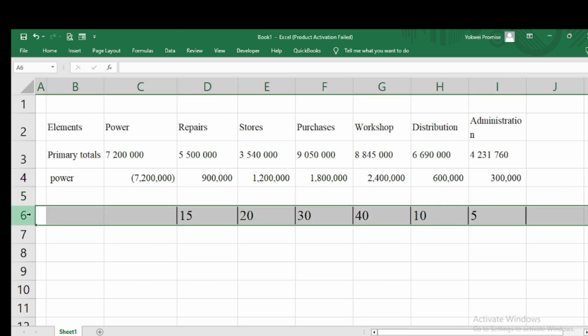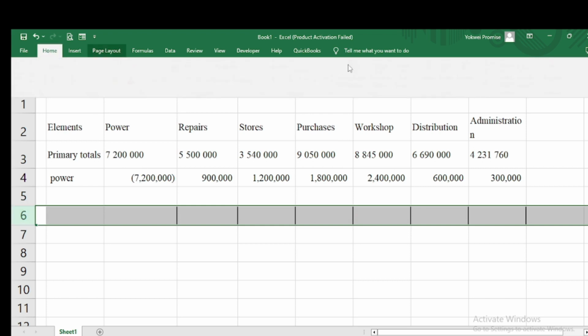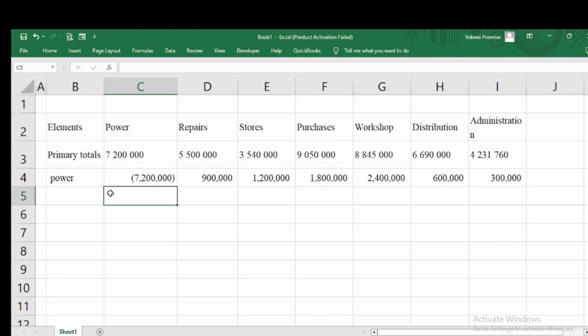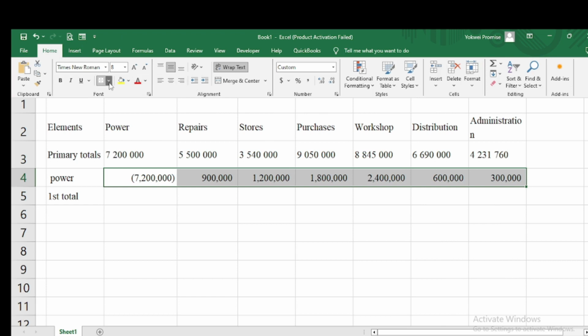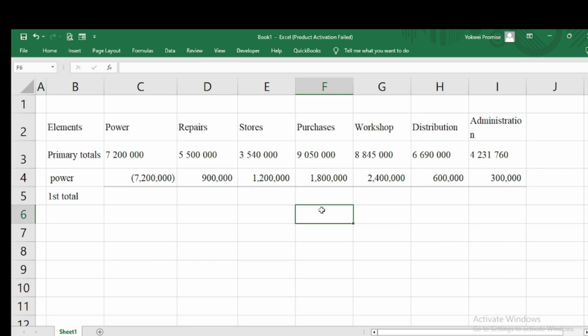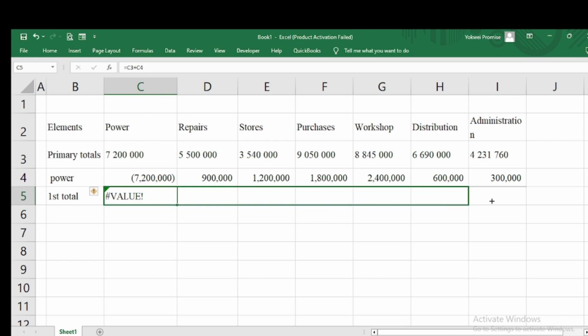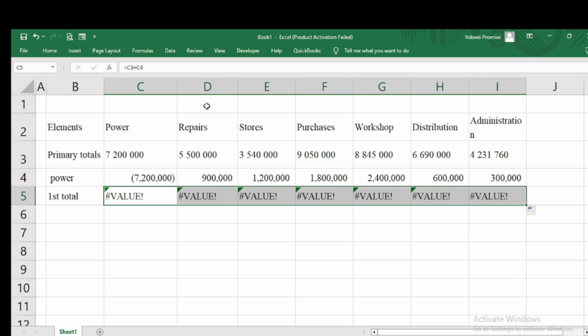So we can then erase this. Also, we are going to take a total of all this in order to proceed with our work, just a first total that we have here. Alright, which is equal to this.